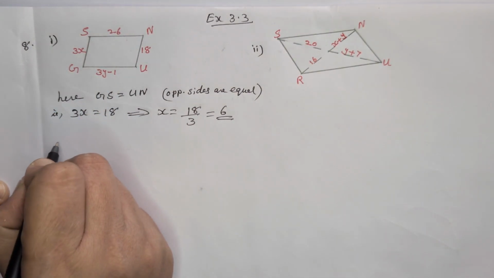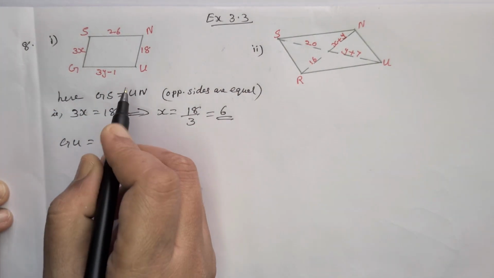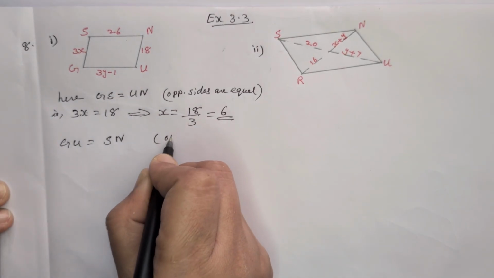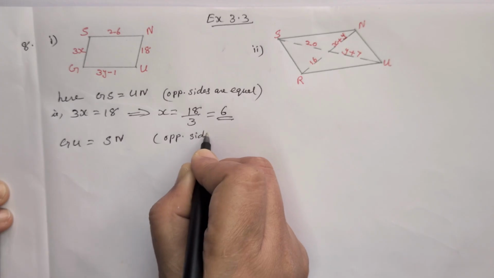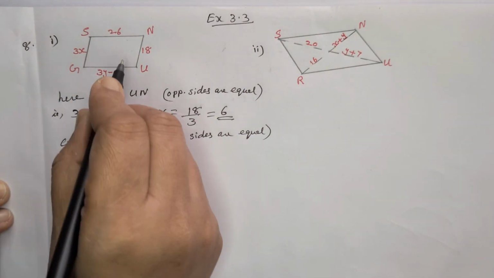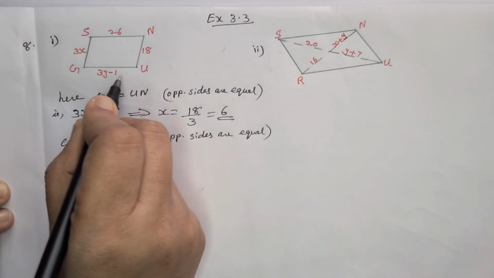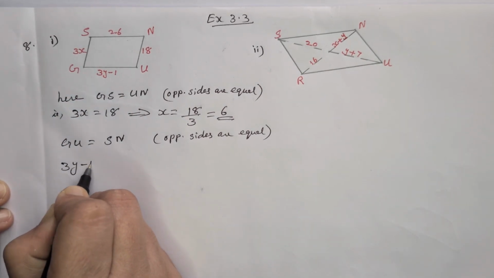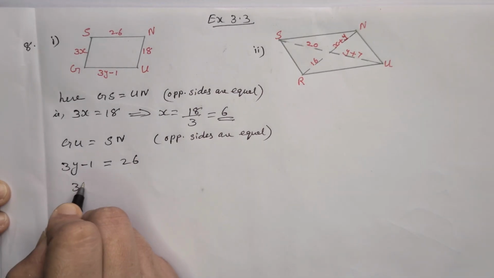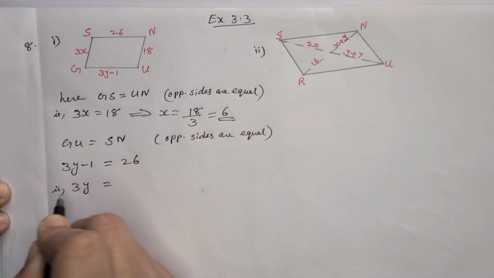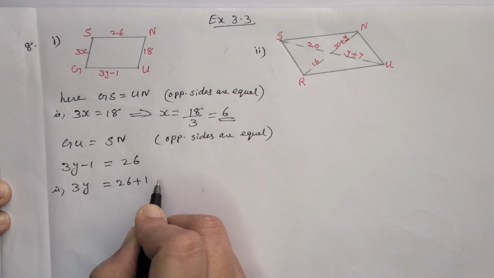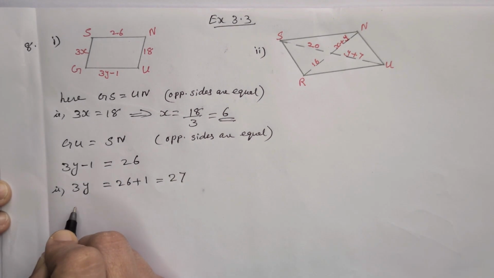Same way here, GU is equal to SN. Here also, same reason, opposite sides are equal. That means GU is 3y minus 1. 3y minus 1 is equal to 26. 3y is equal to 26 plus 1, since when you move minus 1 to the other side it becomes plus 1, which is 27.